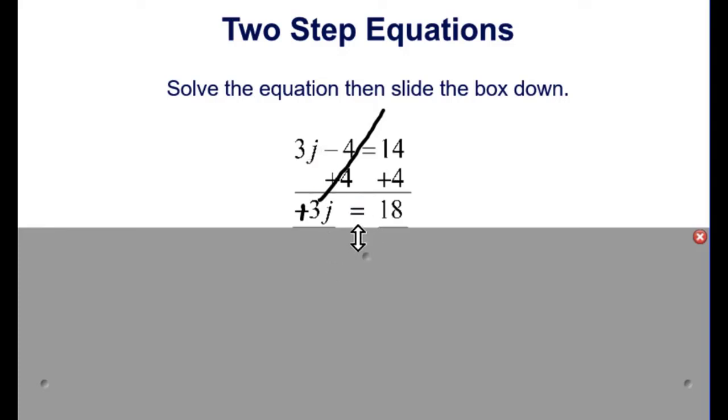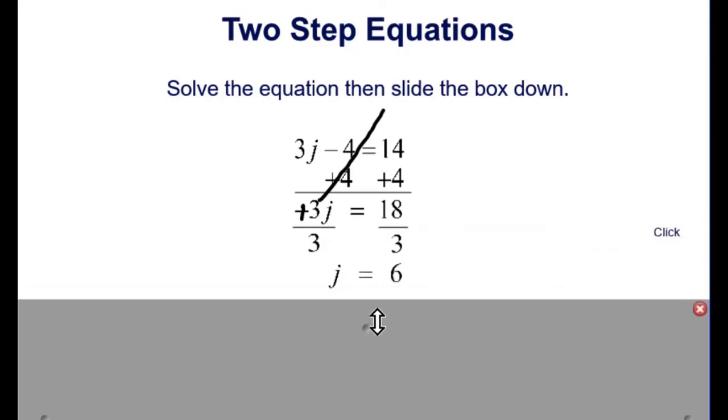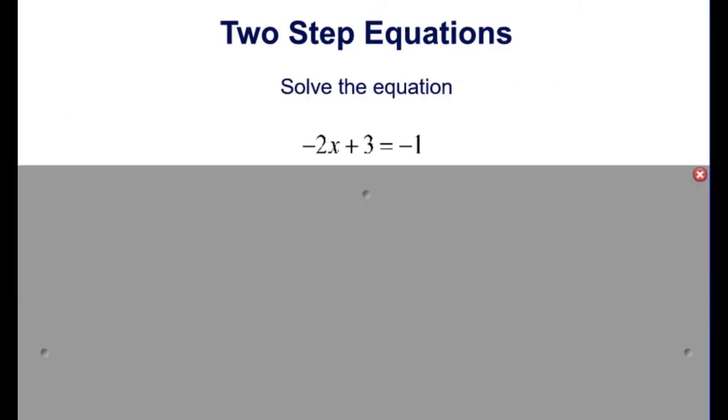So here we're going to divide by positive 3. Since it's multiply by positive 3, we divide by positive 3 to give us a positive 6. So j equals 6. The variable j is by itself. It's alone and on the left. So our solution is j equals 6.